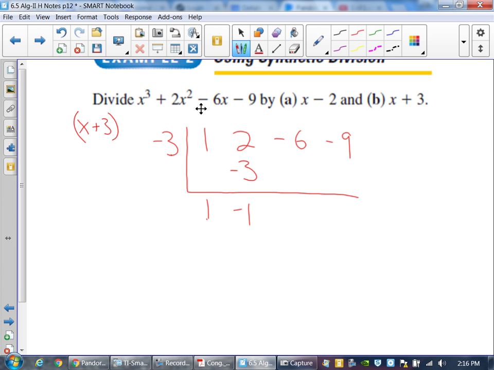Negative 3 times negative 5 is? Negative 6 and 15 is? Negative 3 times 9 is? Do you have a remainder? No. So this becomes x squared minus 5x plus 9.